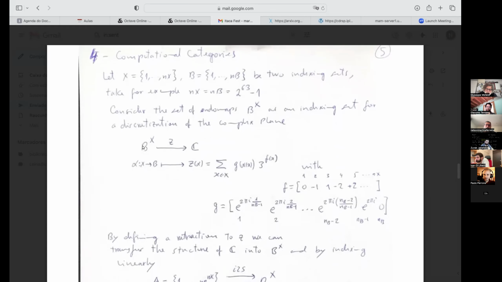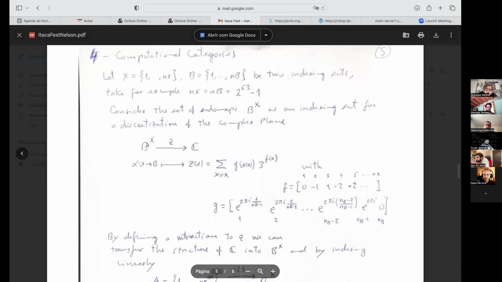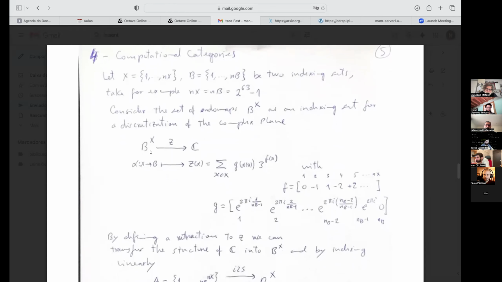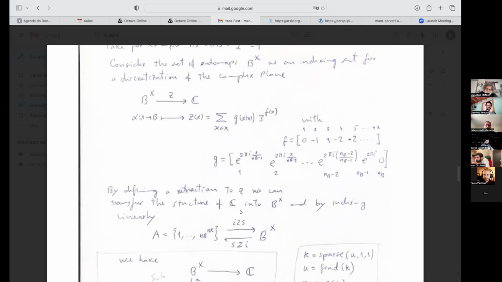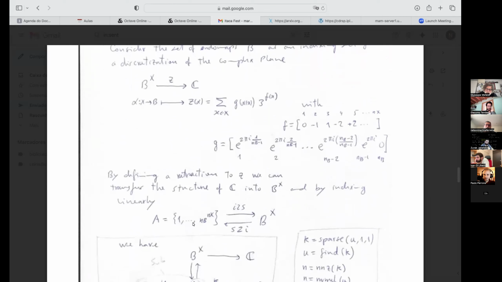And we still have some richness because we are not just using linear indexes. We are using maps which can be seen as strings of indexes. So there is some richness that can be used at this level. But of course, as soon as we go back to the implementation, we linearize the indexes.